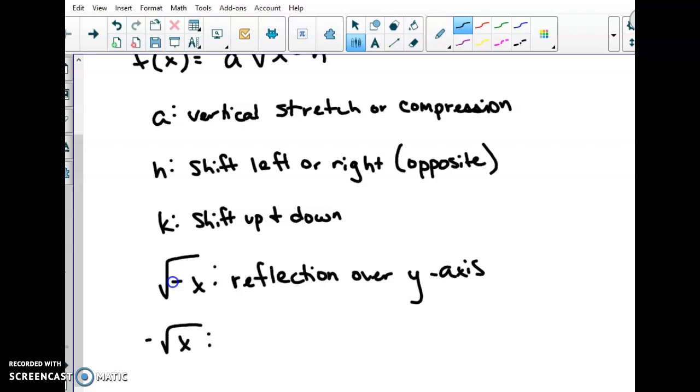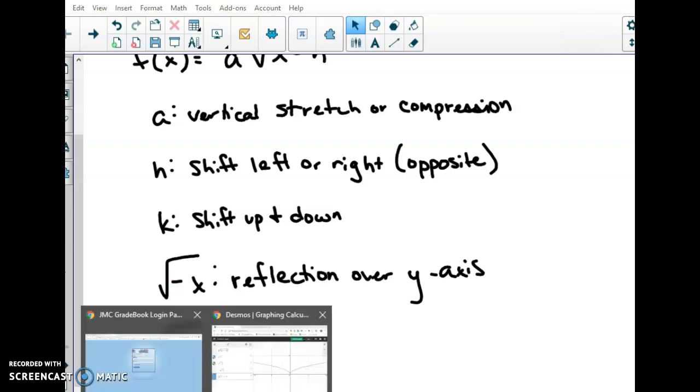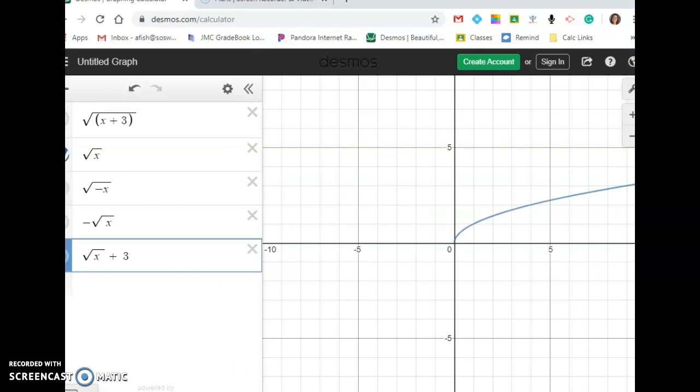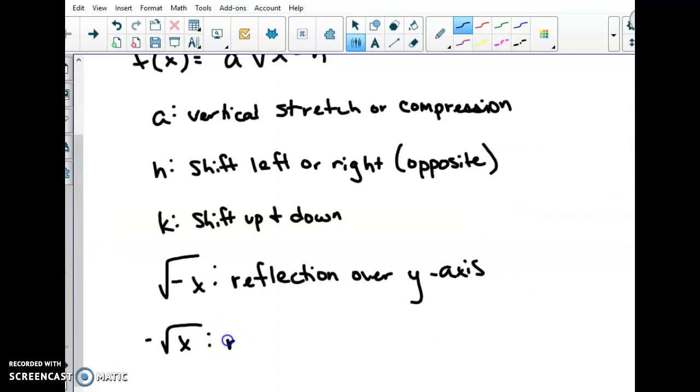Now the difference, which you can probably already guess, with the negative out in front of that radical, it's flipped or reflected over the x-axis. So just a little bit of a difference there. But something to note of where it's located.